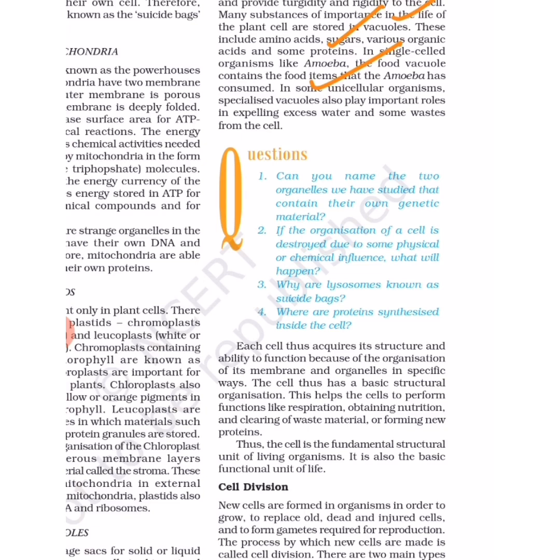So it helps in excretion and osmoregulation. It helps in maintaining turgidity, rigidity, storage, and then food vacuoles you have studied, excretion and osmoregulation. These are the functions of the vacuoles.